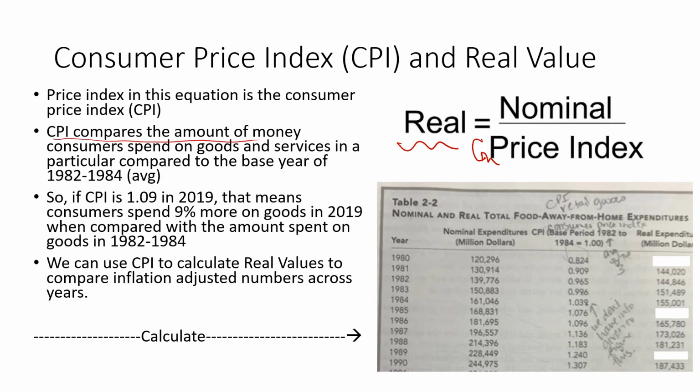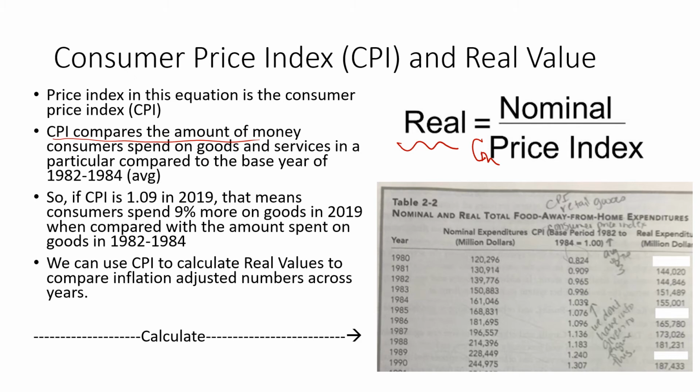So the consumer price index tells us the amount of money proportionally that consumers spend on goods and services in a particular year compared to the base year.